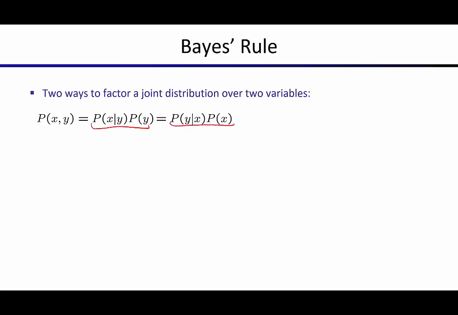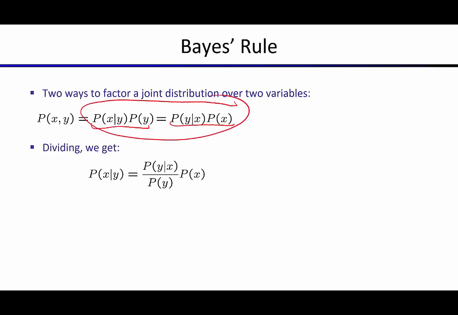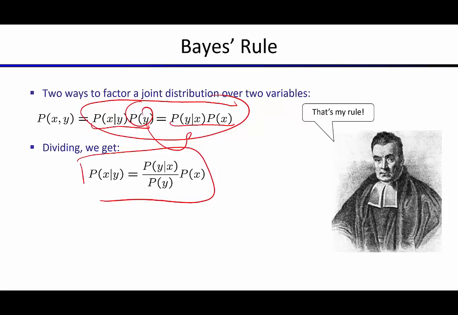They're the same joint distribution, so we have that these two are equal to each other. We can now divide both sides by p(y), and we get this expression over here. Just move this thing to the other side. That thing there, that's called Bayes' rule. Okay? If you had been working in AI, or maybe back in the days we did math and statistics, 200 years ago, you could have named the rule after something like this.